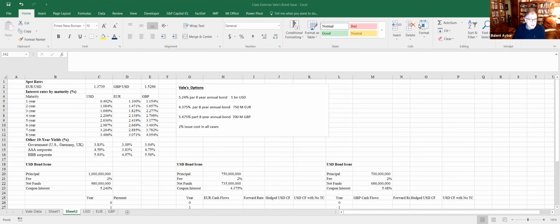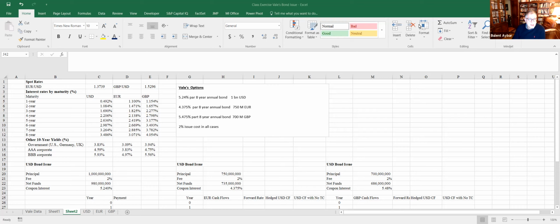For instance, you could put your money in, let's say, a 1-year government bond and earn 0.492%, and you could put your money into a 2-year bond, and the annual return that you would earn is going to be 1.084%. In 2 years, obviously, you would earn a square of this, the compound interest that you would earn in 2 years.